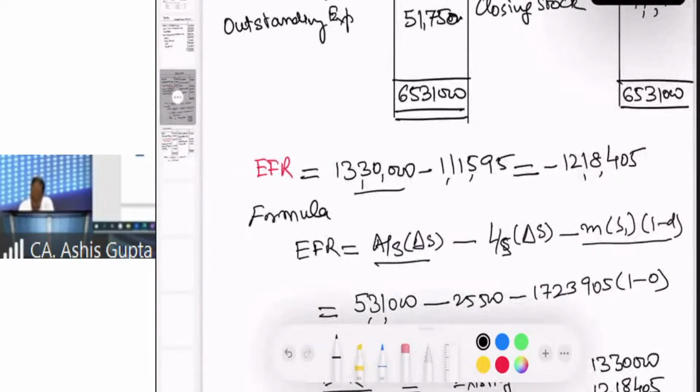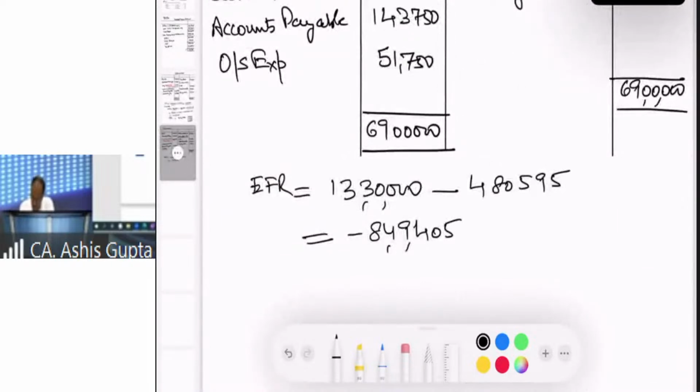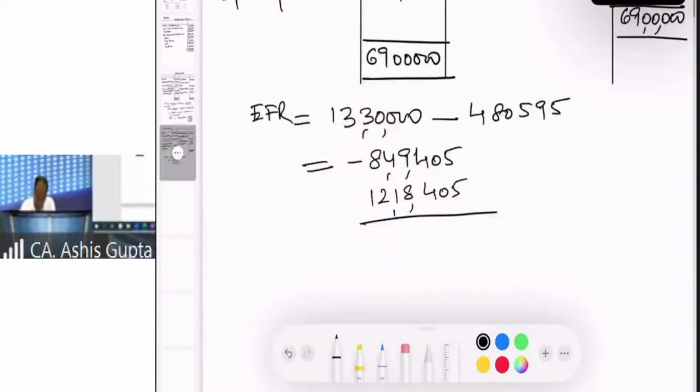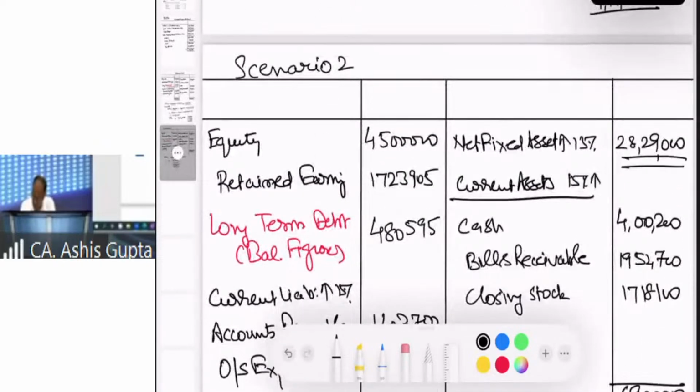Here our EFR in the earlier scenario was 12 lakh 18,405. Here it is 8 lakh 14. If I see the difference, so what is the difference? 3,69,000, and this difference is on account of the fixed assets also being increased by the same amount.